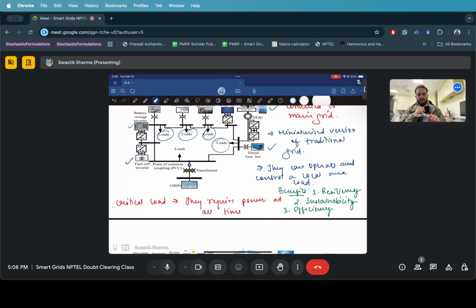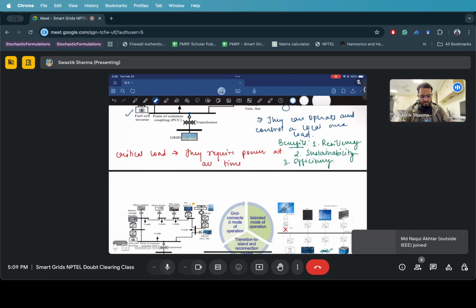I will urge you to go to IEEE's website and search for this 1547 standard, and it's available freely. Otherwise you had to pay a substantial fee to view that, but it's available freely as of the last time I checked. But if you are not able to access it, let me know, I'll send you the document.